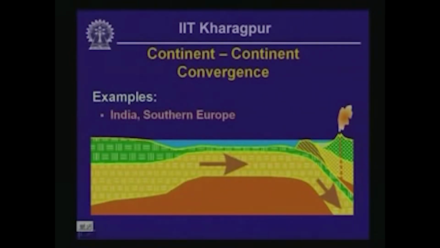And in fact, there are examples of very significant trenches near the margins of oceans, such as the margins of the Pacific Ocean, near the island chain of Philippines.